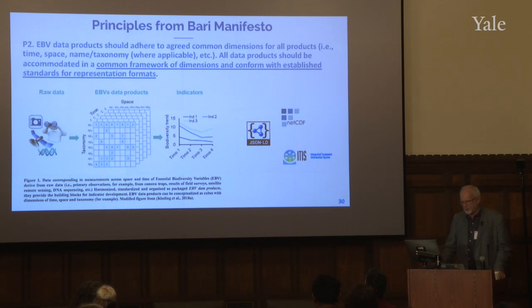Now, this gets back to the principles again. And I'm going to go through these probably just fairly quickly. So again, with respect to the work for the essential biodiversity variables anyway, and again, I think it applies more broadly, is to identify a common framework of dimensions and conform with established representations for data formats and so on.